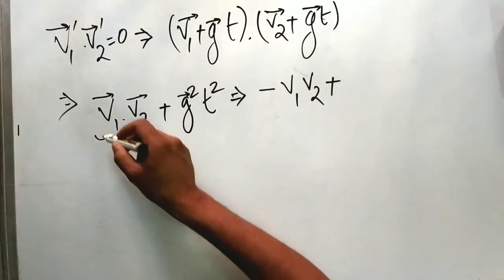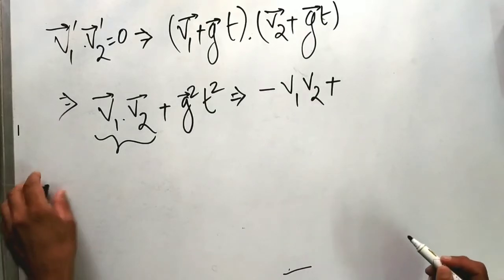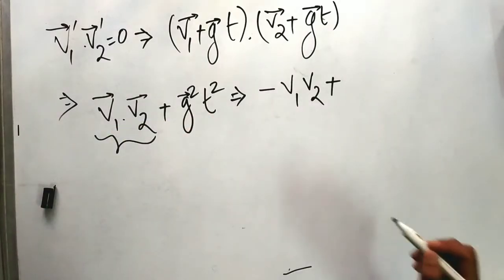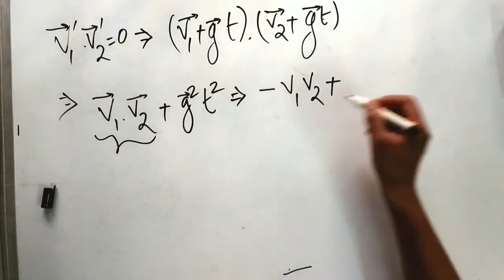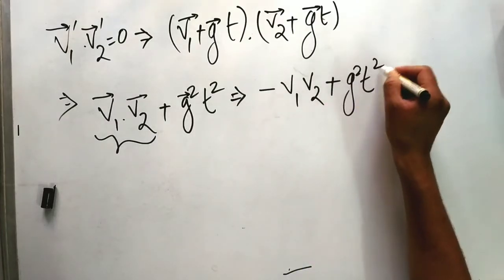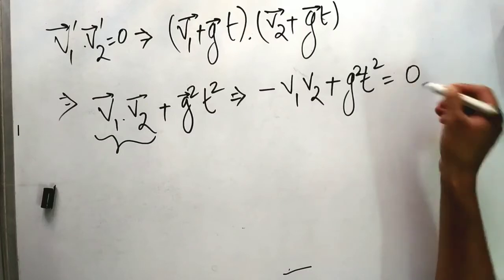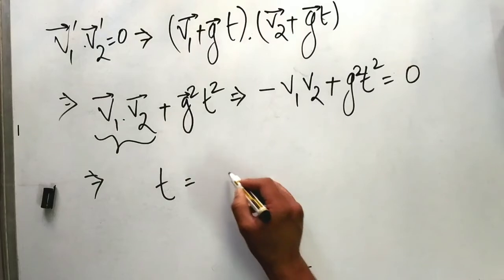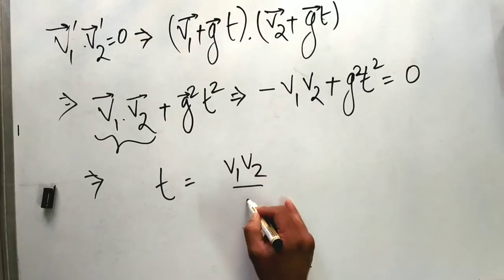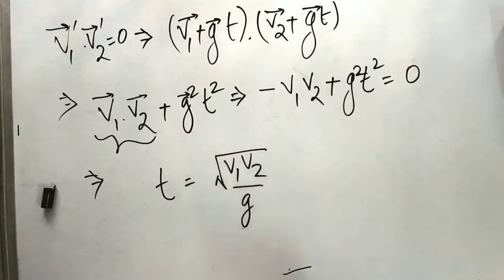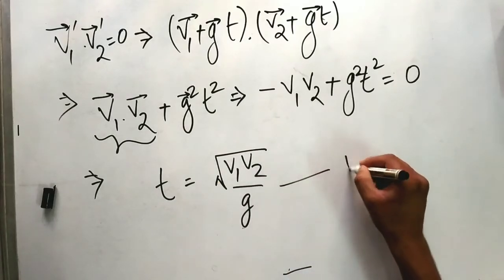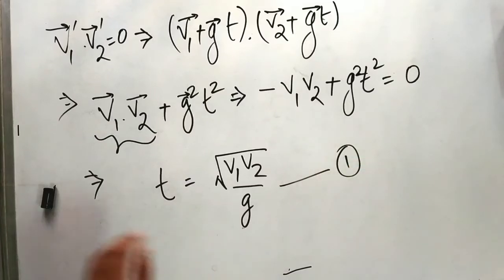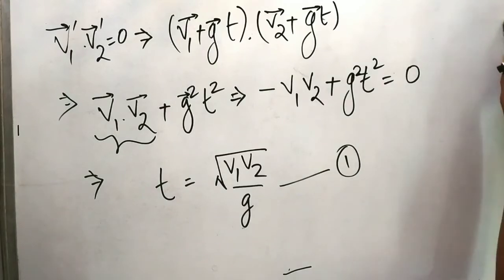So it's going to be minus v1 v2 plus g square t square, which is finally equal to 0. Now this gives us the value of t, which is going to be equal to the root of v1 v2 divided by g. So this is going to help us. Let us name it 1 and note it down, and then we'll go ahead with the second part of the problem.